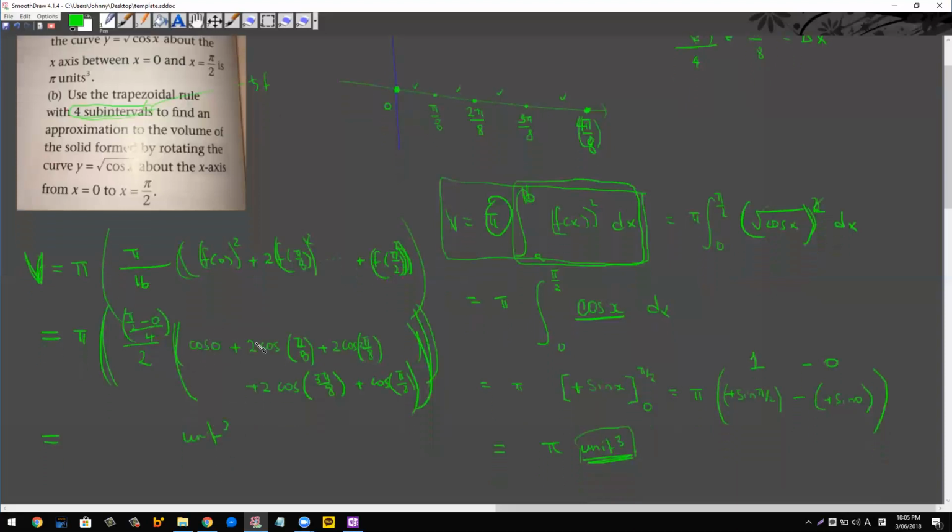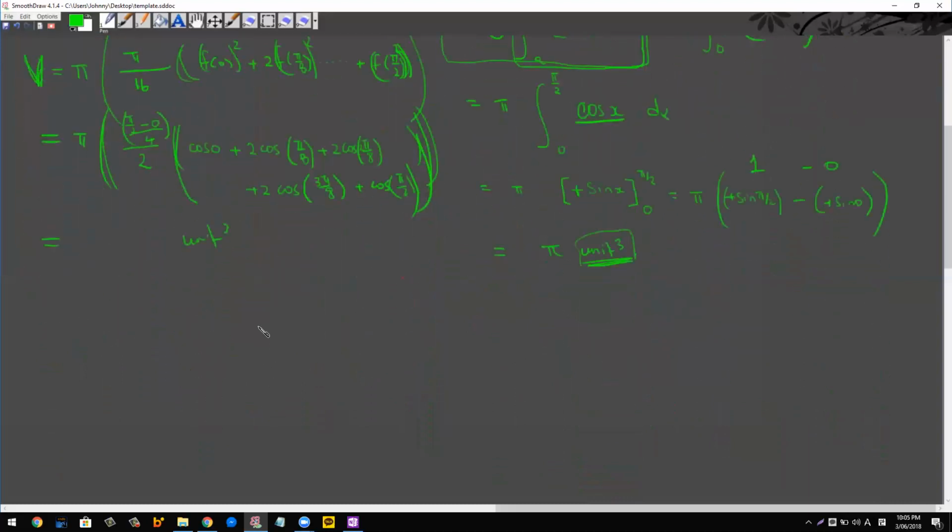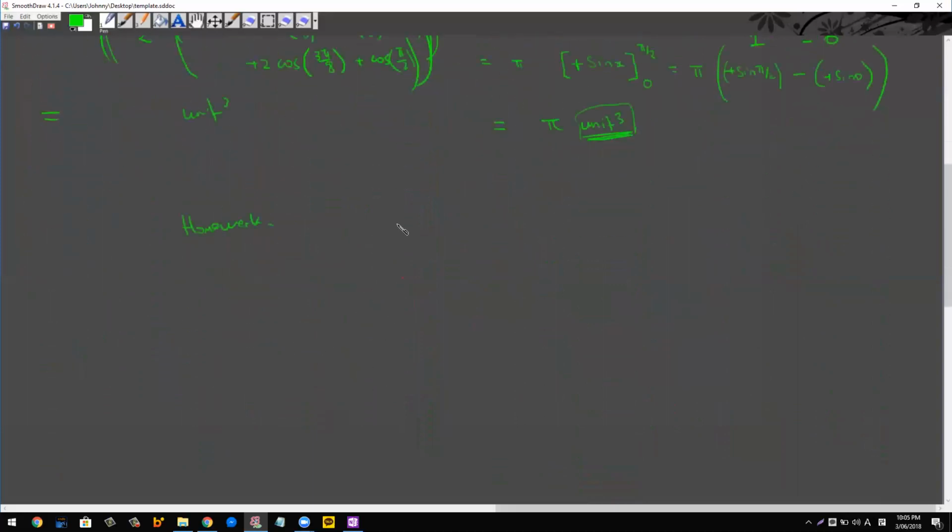So I'll give you homework. Try this one. Homework is this: y equals x squared, right?